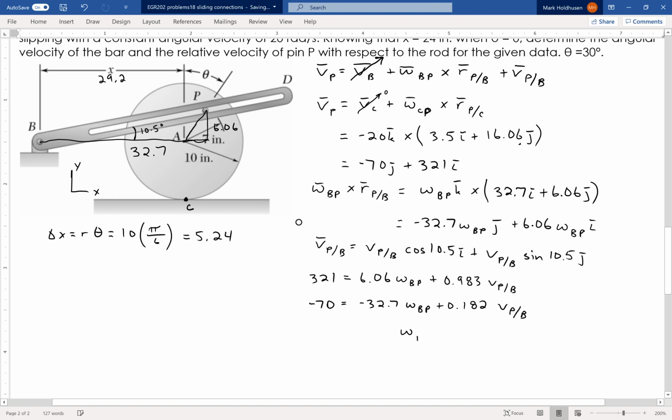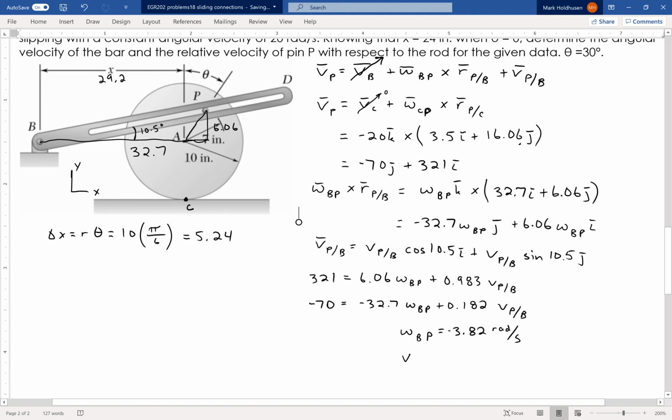Through the magic of algebra, I find that omega equals 3.82, and that is going to be radians per second. I believe that's actually going to be a negative. Okay?